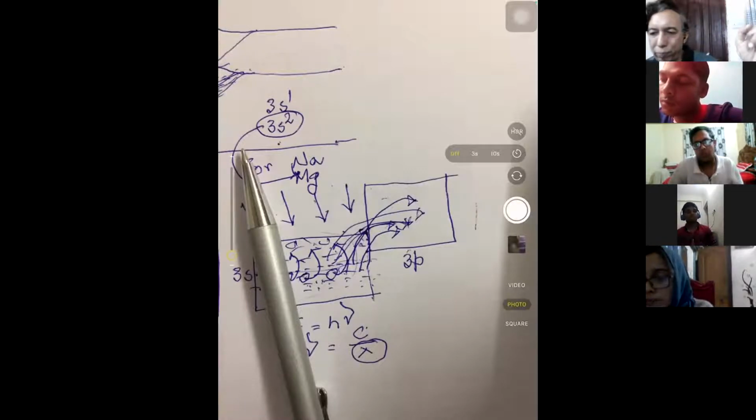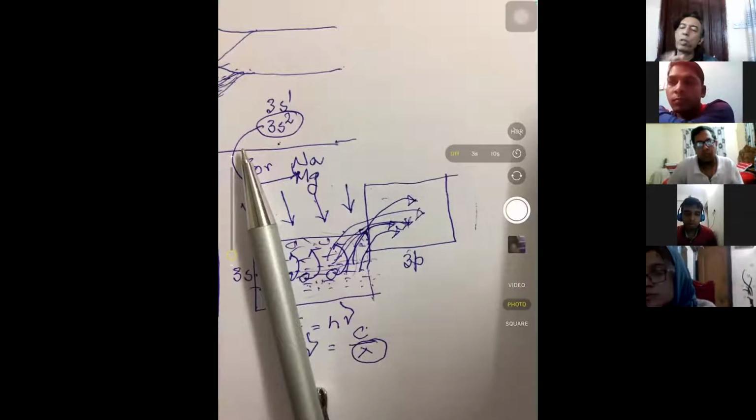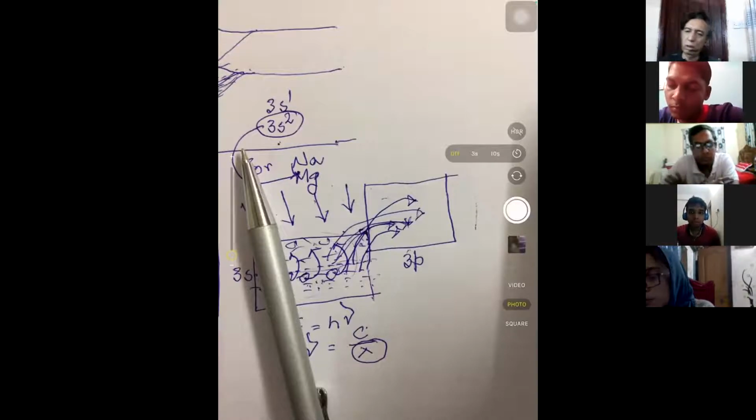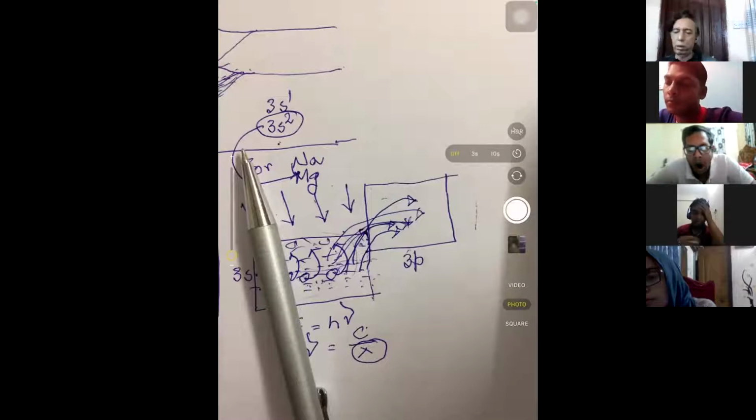That is called opacity. So metals are opaque to light. All metals are opaque. No light of the visible region can pass through the metal.